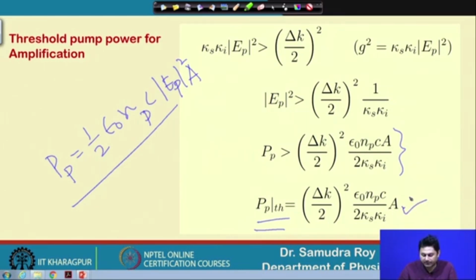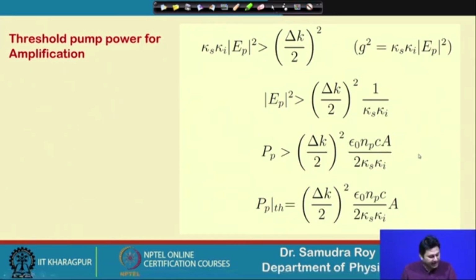The signal will amplify when the pump has this threshold value, and this threshold value of pump is directly proportional to the square of delta k. That means, if the phase mismatch is large, then we need to put more and more pump to get the amplification of the signal power. So, some kind of restriction is here through delta k, which we need to take care of.